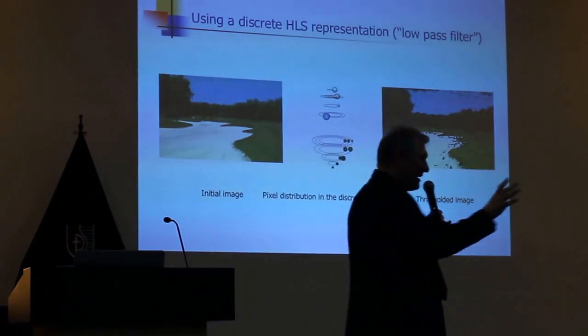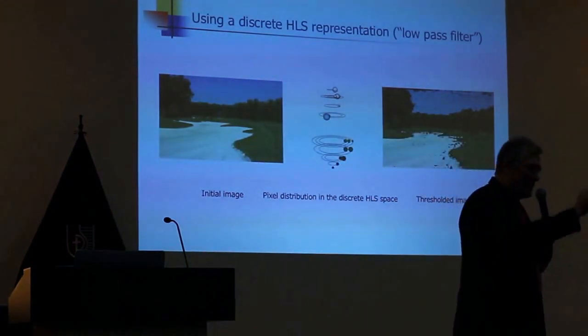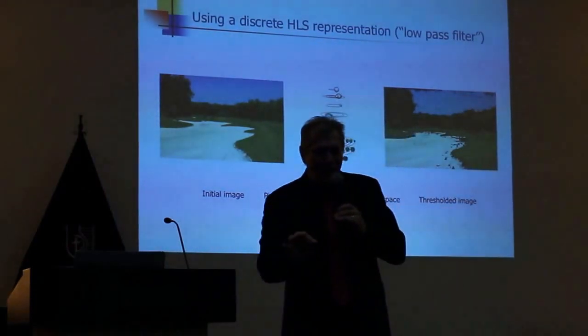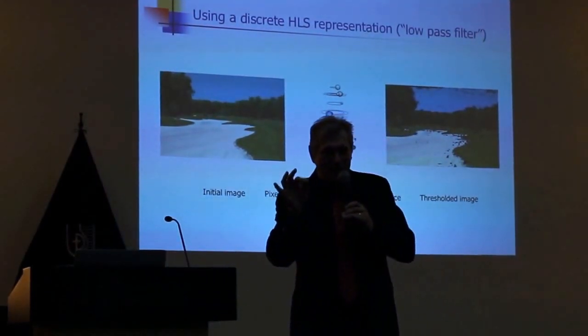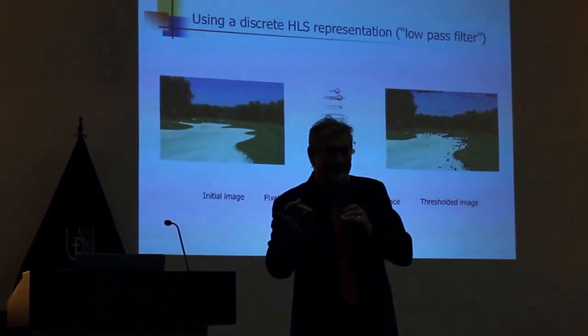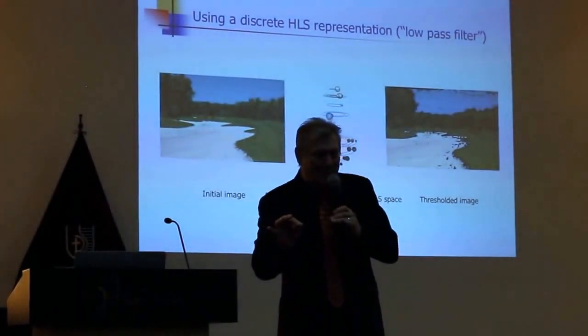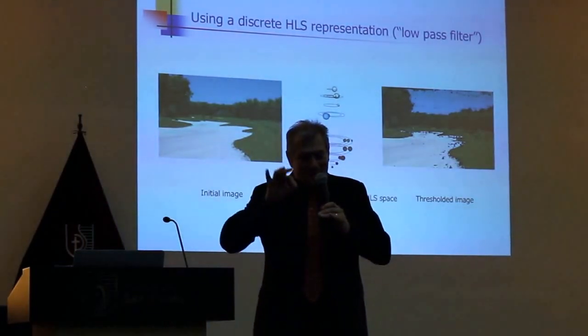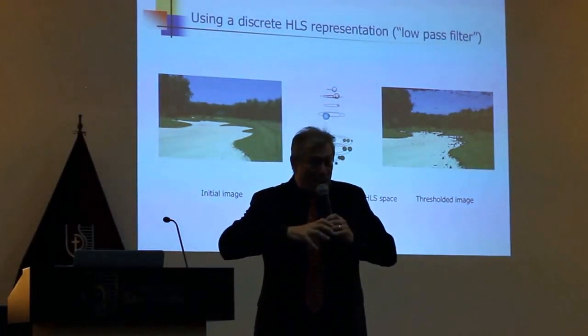Instead of taking a value and saying, okay, I add 1 in this cell, or I add 1 in this location in the HLS space, we say, at this location in the HLS space, we consider that this point generates a potential.